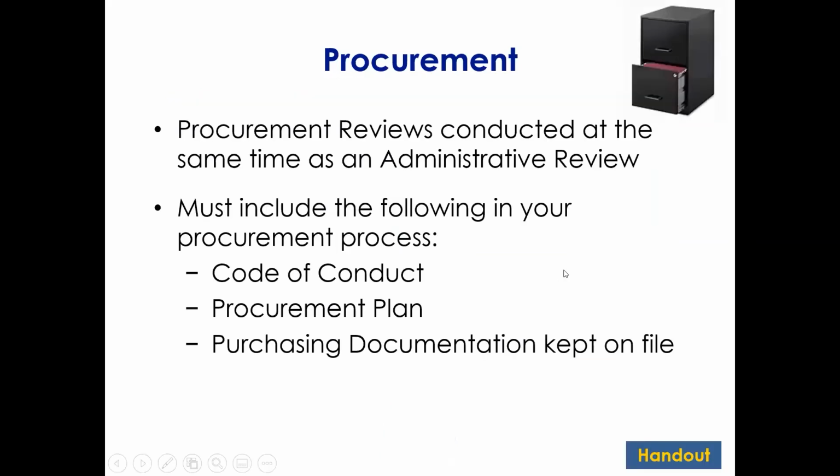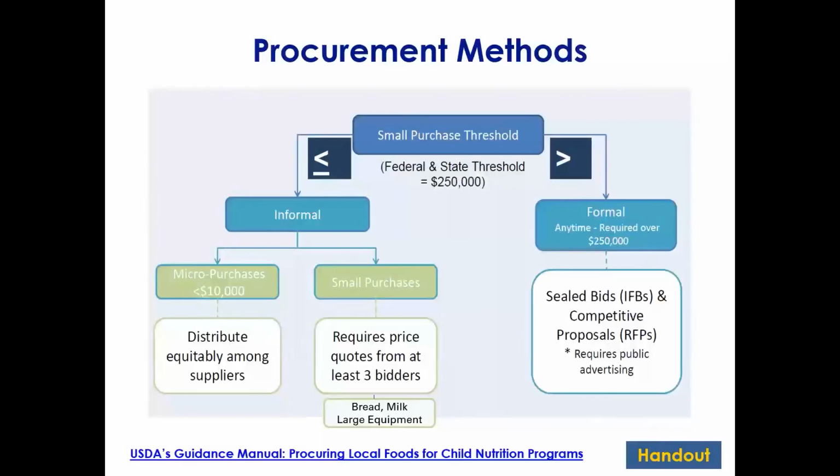Informal includes things called micro purchases for purchases under $10,000, small purchases that basically, you need to be aware of your local small purchase threshold. If the SFA does not have one, the state and federal threshold can be used. And as you see on this slide, it's $250,000. When the value of the purchase is estimated to be less than or equal to $250,000, informal methods, including micro purchase and small purchase, may be followed.